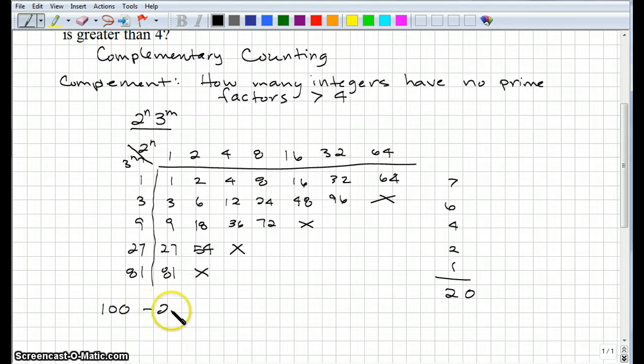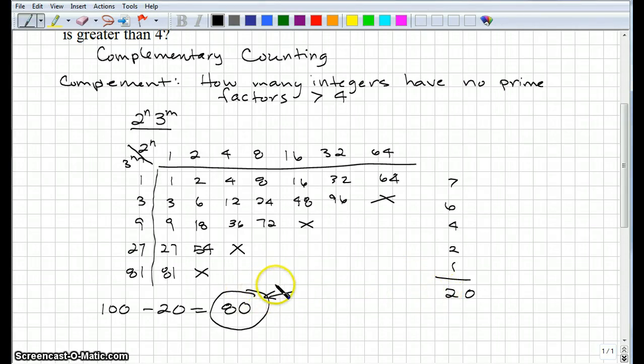So if we subtract 20, then what we have left over is 80, and that will be the number of positive integers that are less than or equal to 100 that have a prime factor greater than 4. Okay? Because what we did, we subtracted out all the ones that don't have prime factors greater than 4, and what we have left over are all the ones that do.